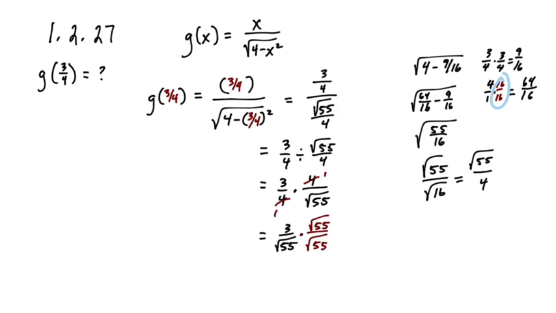If you multiply the square root of 55 times the square root of 55, that really is the square root of 55 squared. And since squaring and taking a square root are opposites, we end up with 55. So when we multiply across here, our final answer will be 3 square root of 55 all over 55. And that's it for this one.